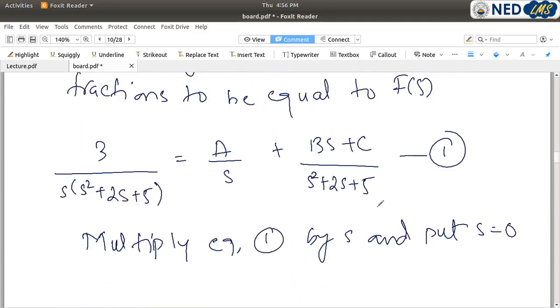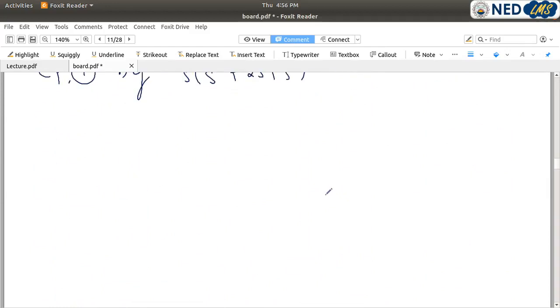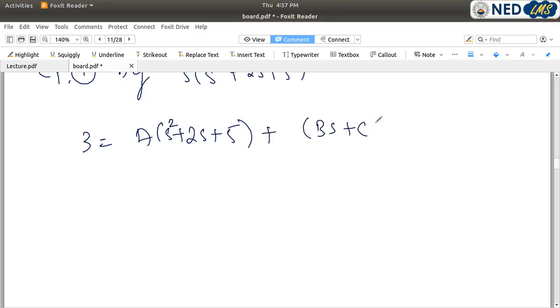We will multiply this whole equation by the denominator of f of s. So equation 1 will become 3 is equals to a into s square plus 2s plus 5 plus bs plus c into s.